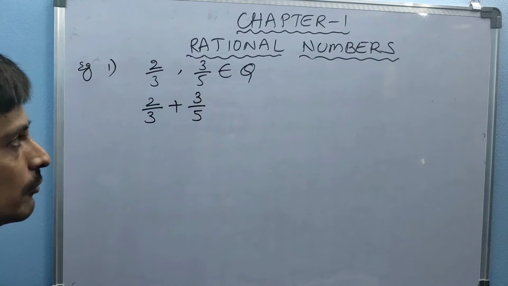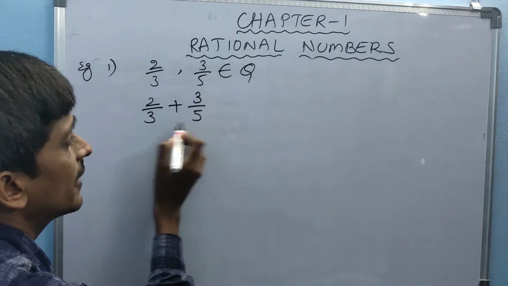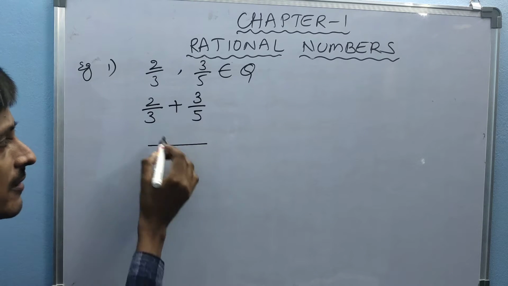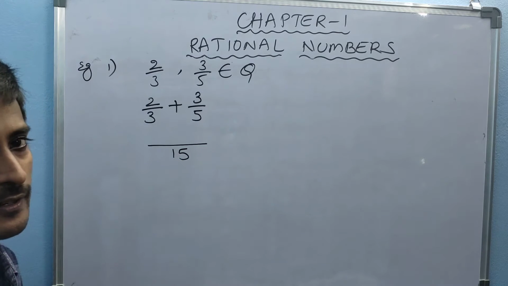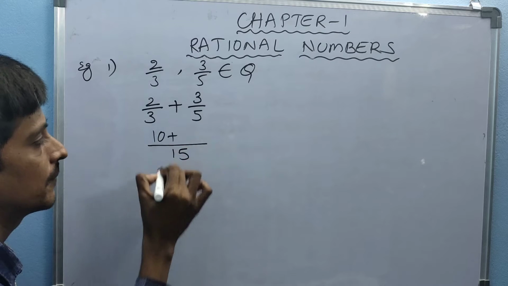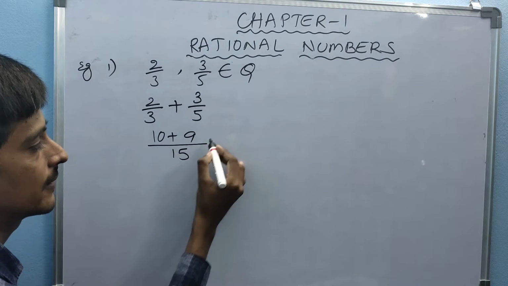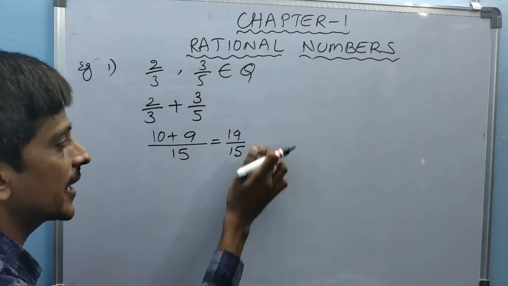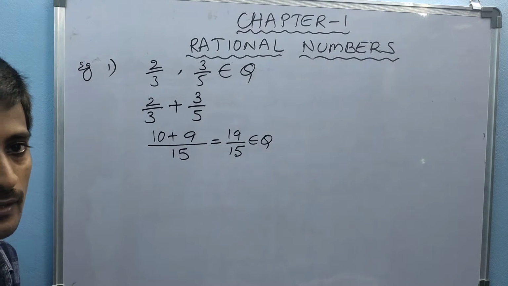If you add the two fractions, first you find the LCM of the denominators. 3 and 5 are both prime numbers, so the LCM is 15. 3 how many times 15? 5 times. 5 2s are 10, plus 5 how many times 15? 3 times. 3 3s are 9. Total is 19 by 15. So it is also a fraction form, so it belongs to Q.